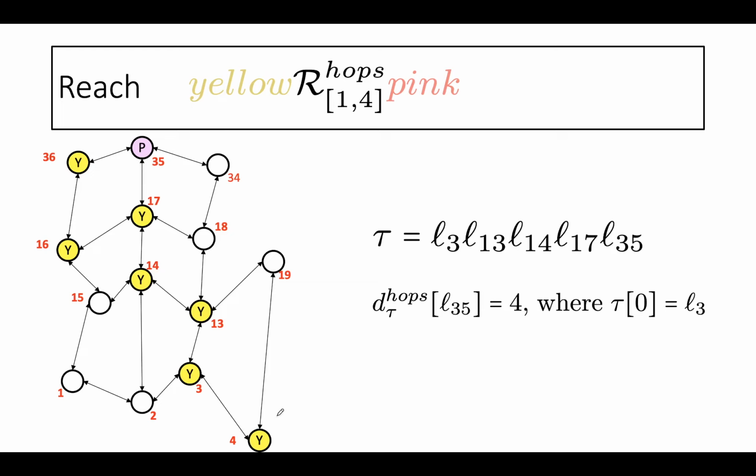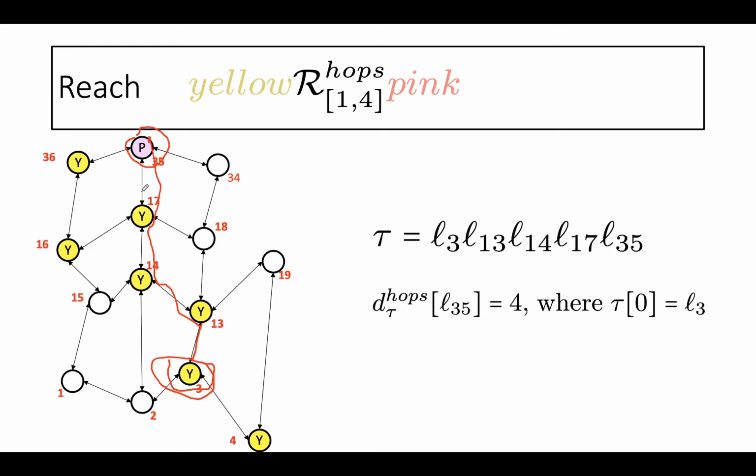Let's see, for example, that the location L3 satisfies the property yellow reach between 1 and 4 pink, because we can find a route, for example, L3, L13, L14, L17, L35, where the location L35 satisfies the pink property.